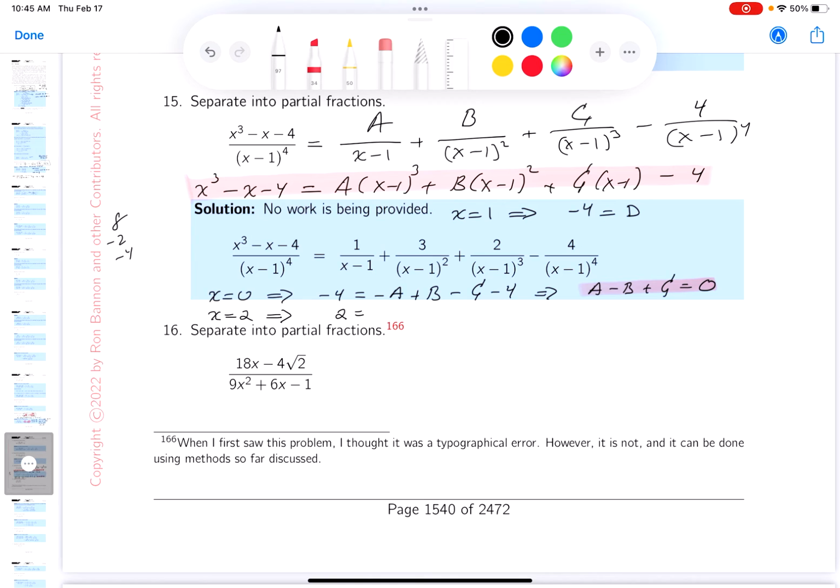I got 2, and then you just get A, right? Plus B plus C minus 4. Well, this results in another simple equation: A plus B plus C equals 6.